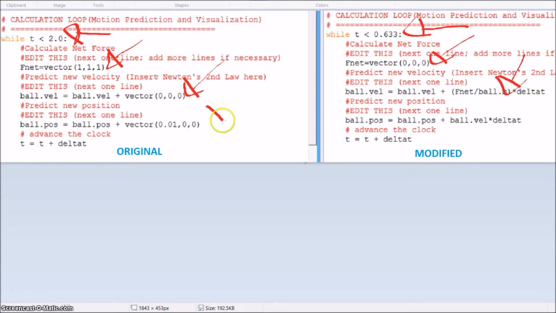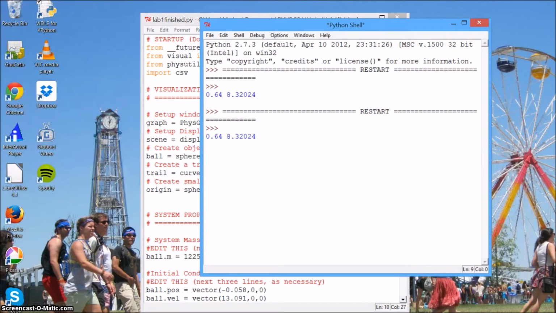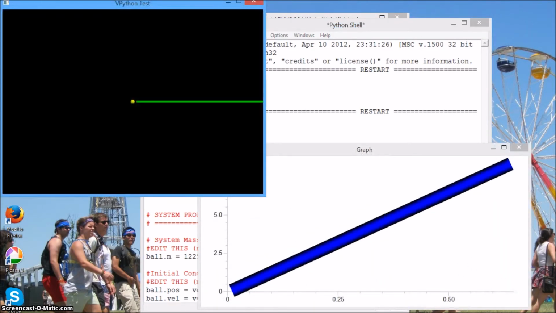After that, I changed the position vector to the equation for position, which is shown on the screen. Finally, I run the code and see a model of my object as well as a graph of its position versus time. The model is in the top left-hand corner and the graph is in the bottom right-hand corner.